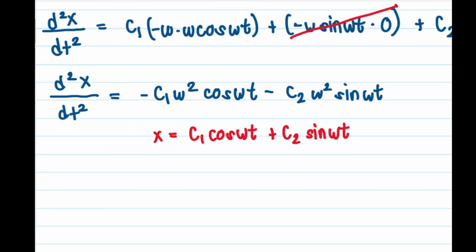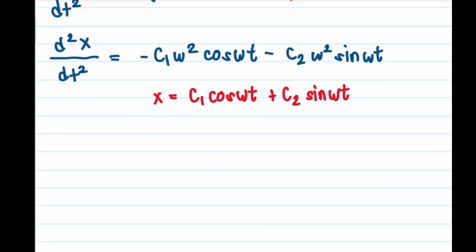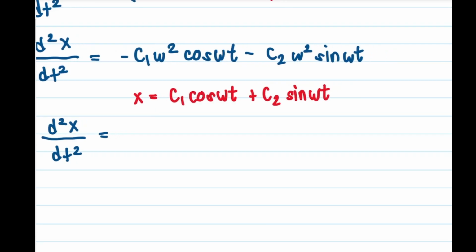So we can factor out w squared. Factoring out w squared, d squared x over dt squared is equivalent to negative w squared multiplied to C1 cosine wt plus C2 sine wt.